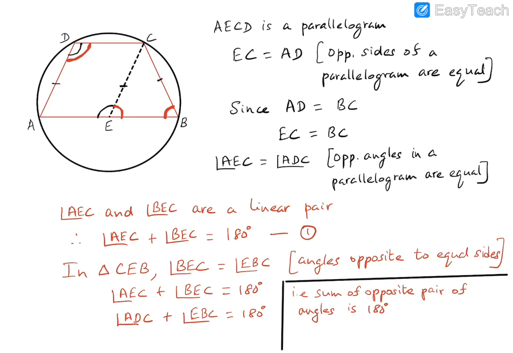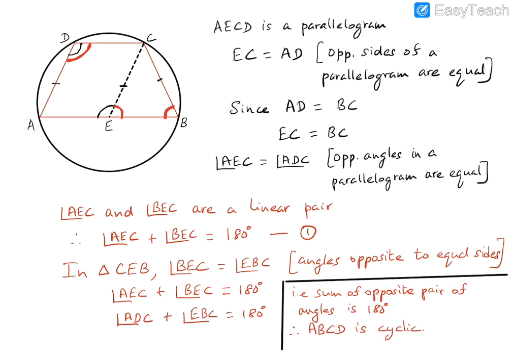We have already shown that the sum of the opposite pair of angles, that is angle ADC and the angle EBC, is 180 degrees, and therefore ABCD is a cyclic quadrilateral. So therefore we state that ABCD is cyclic.